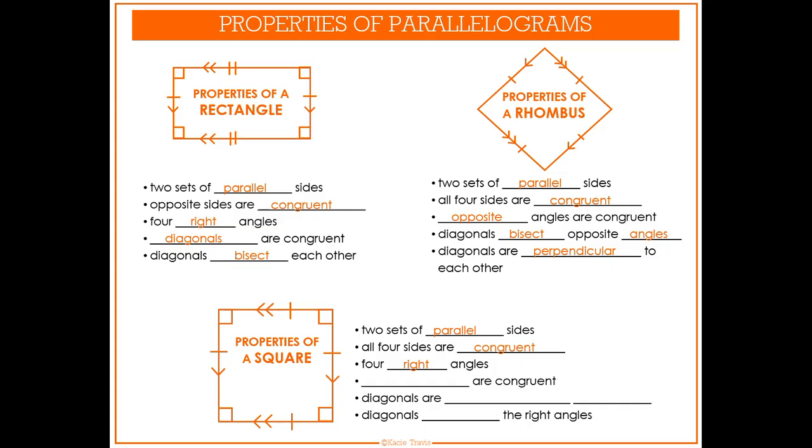It has four right angles like our rectangle. Our diagonals are congruent like our rectangle. The diagonals are also perpendicular and they bisect each other, just like the rhombus in our parallelogram. And our diagonals bisect the right angles, just like how the rhombus has diagonals that bisect the angles.